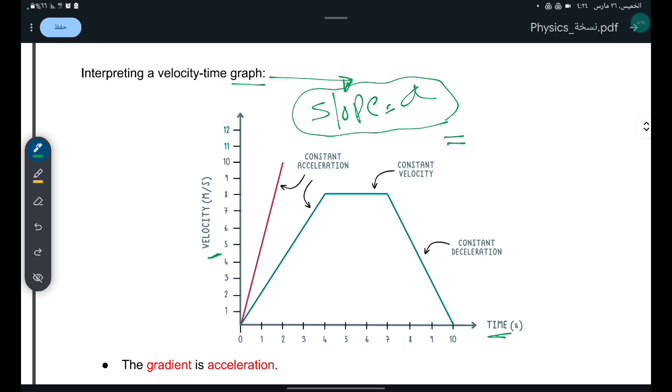acceleration equals change in y over change in x, or change in the vertical axis over change in the horizontal axis. We are going to take 8 over 2.